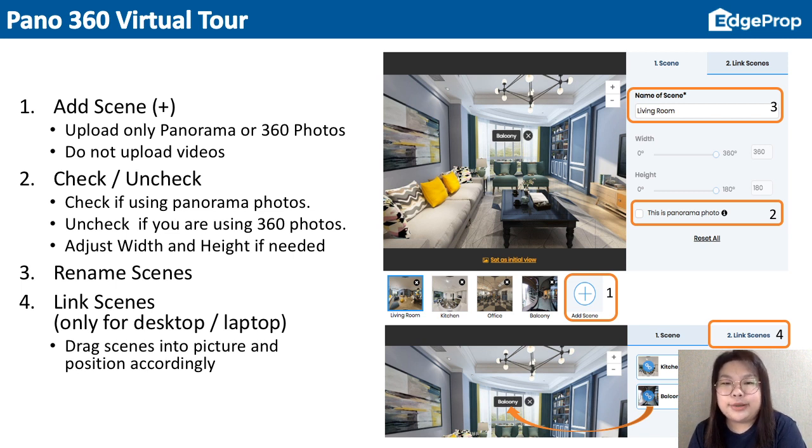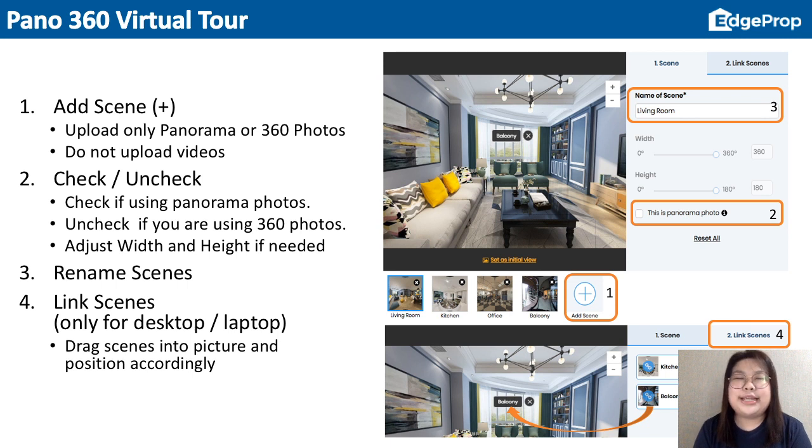But is it possible for me to jump from the living room to the yard? No. That won't be possible if you link the scene, because the whole idea of linking the scene is for consumers to have a better feel, as if they truly are within the unit itself.